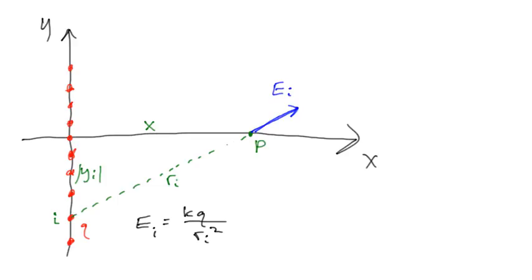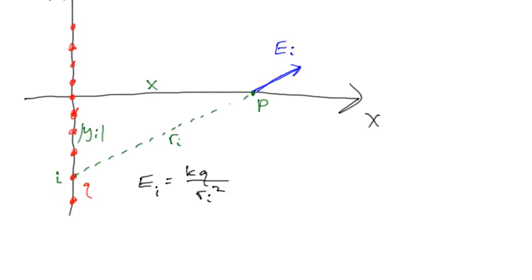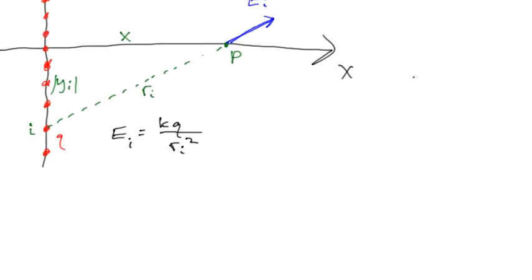Let's see, we can express r sub I from the triangle up there as the square root of x squared plus y sub I squared. I don't have to worry about it being the absolute value because I'm squaring it, so I'm going to get a positive value anyway.